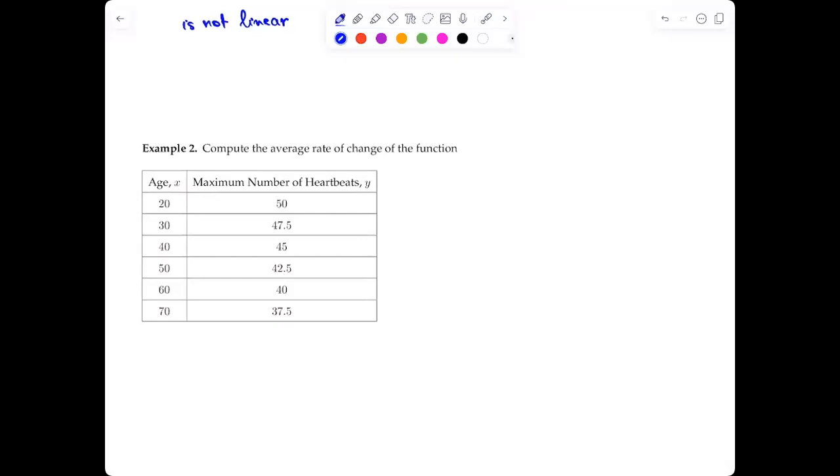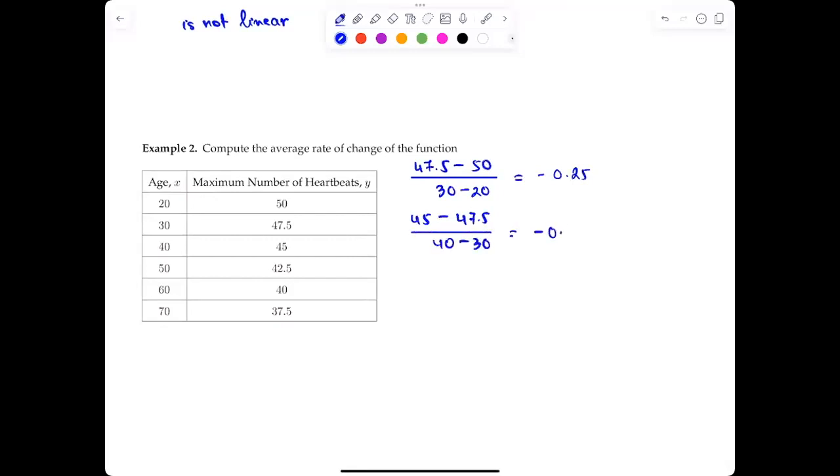So compute the average rate of change of the function. The first one is 47.5 minus 50 divided by 30 minus 20, which is negative 0.25. Now the next two values, 45 minus 47.5 divided by 40 minus 30, you will get negative 0.25.